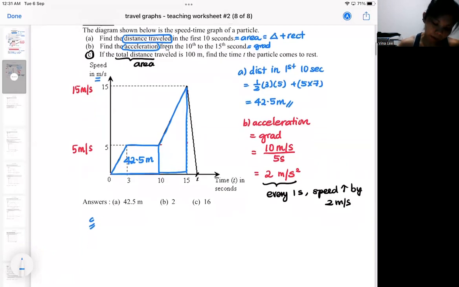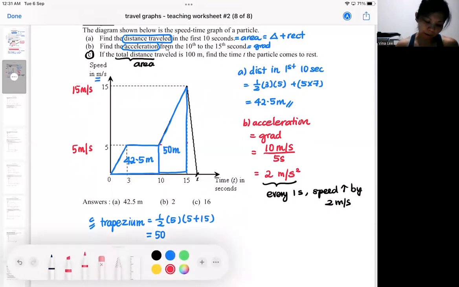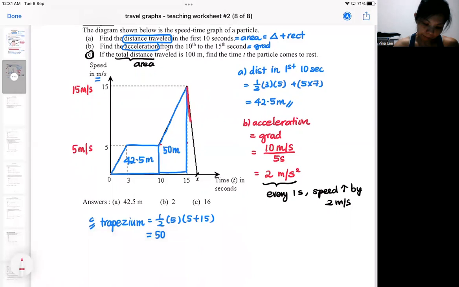So let me calculate that trapezium first. Half times height, times the sum of the parallel lengths. So that will be 50. So this part will be 50 meters. So they are giving us a full total distance, the total distance covered until here. So this whole area is 100.